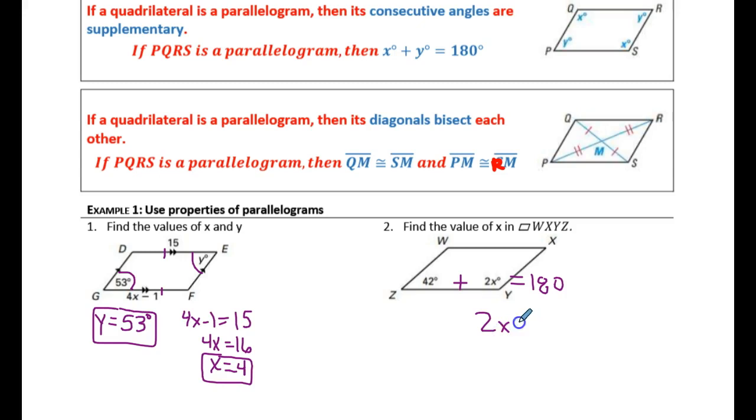So 2x is equal to 138. So x is 69. And there we go.